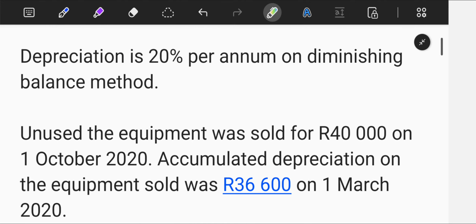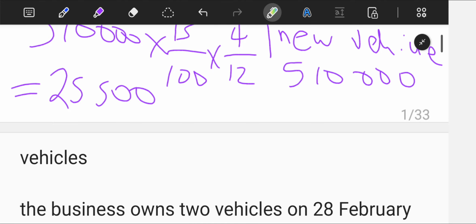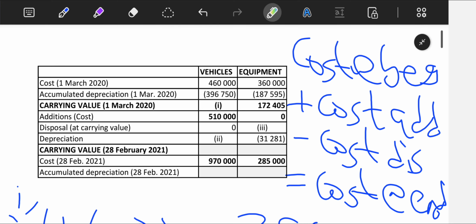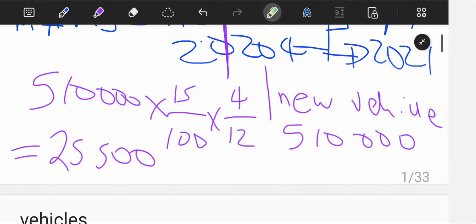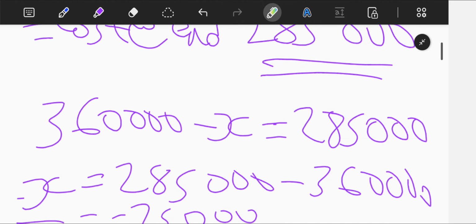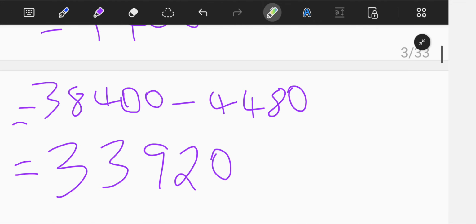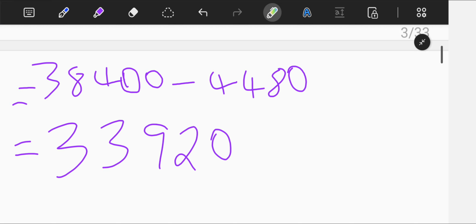This is the value that is coming here. Disposal at carrying value is coming here. So this is our answer for Roman figure number 3.